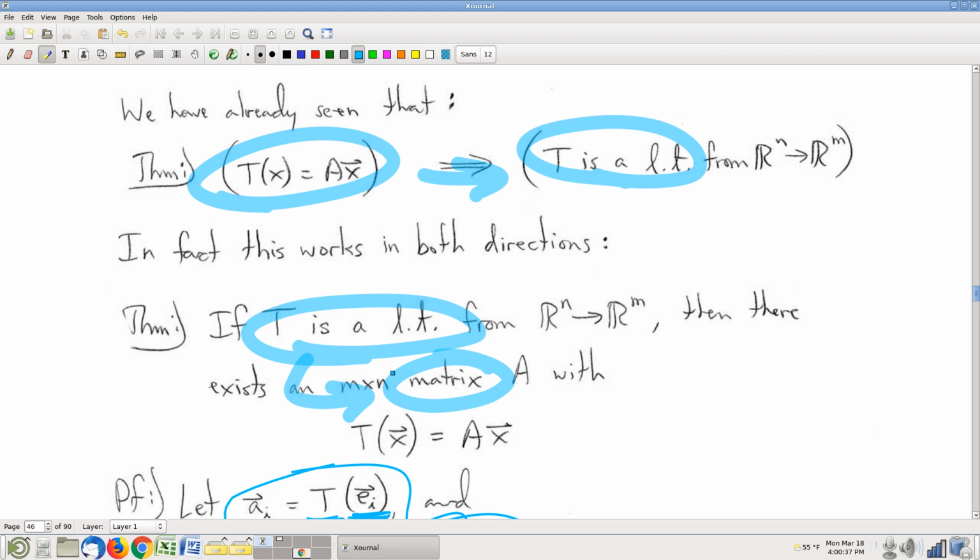It is not obvious that this is true. In fact, let me elaborate on how not obvious this is. What was the connection between how we decided to write down matrix multiplication and how we decided to write down linear transformation multiplication? We didn't make any connection at all. With matrices, we just wrote down a weird formula.